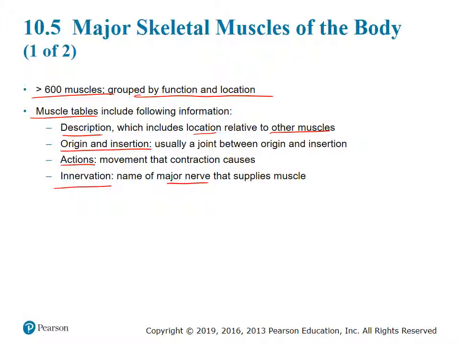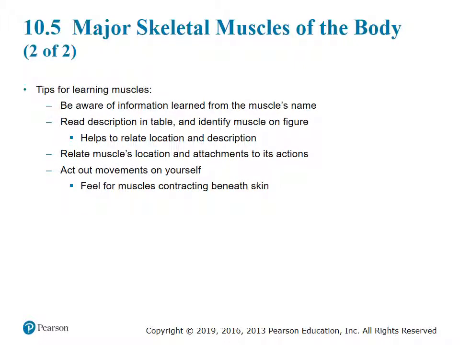So it's a good idea to look at these tables, because you get a picture of where the muscle is and what it looks like and where it's found, and that gives you a better way to learn. Your brain will pick that up as important information.